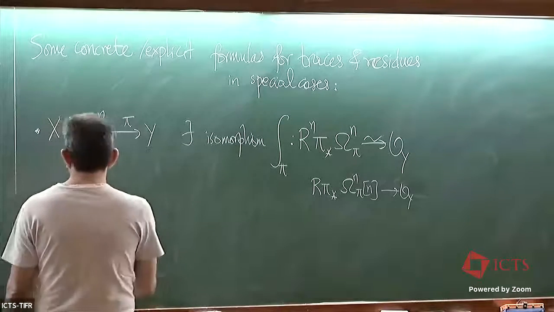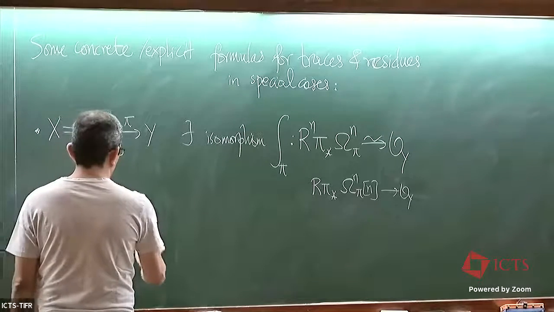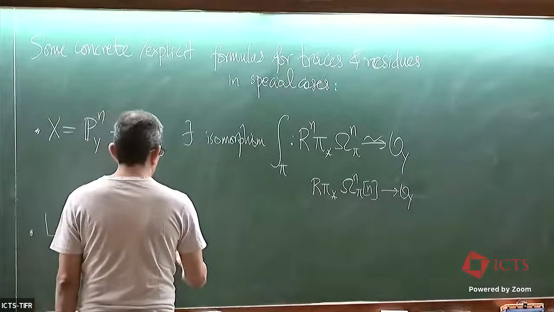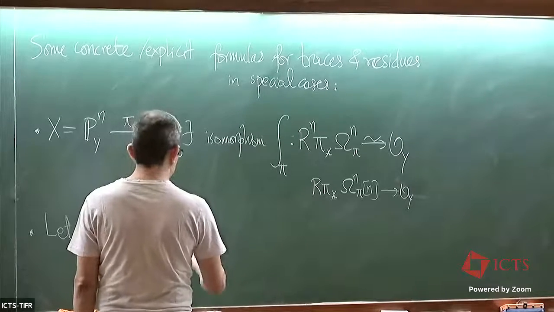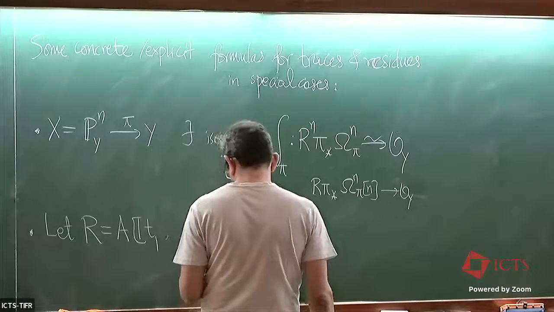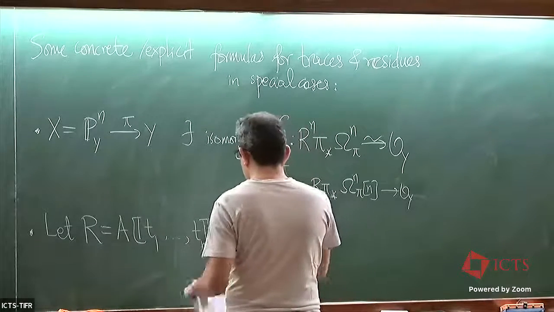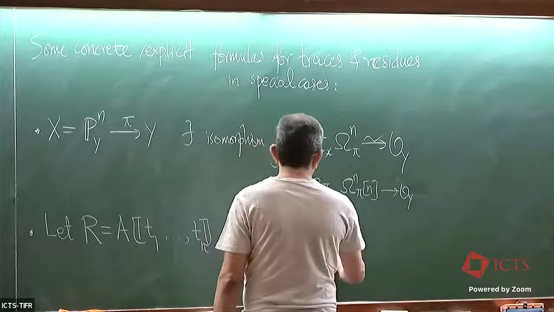Then let's look at the other situation. T_1 to T_n, and let I be equal to (T_1, ..., T_n).